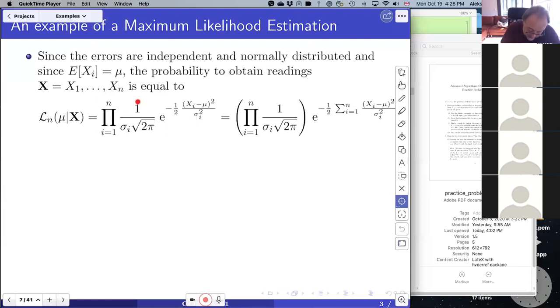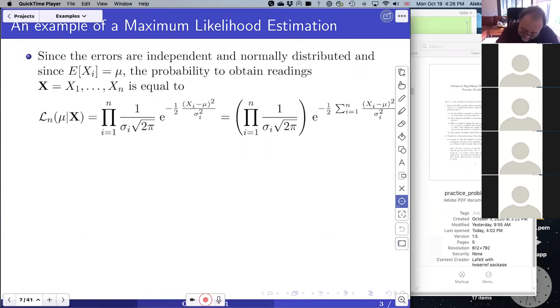And we know for a normal distribution, we have this normalizing factor, 1 over the standard deviation times square root of 2 pi, and then e to the minus 1/2 times the measured value minus the true value squared, so that's the square of the noise, divided by the square of the standard deviation, or just the variance of the ith sensor.